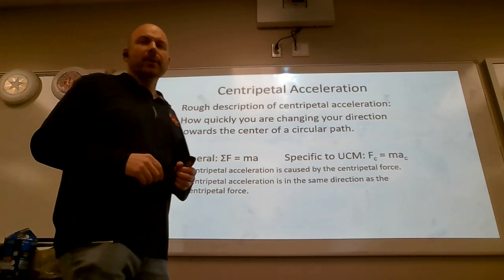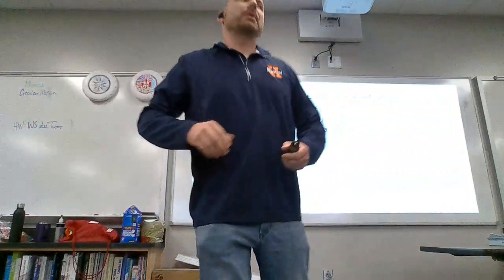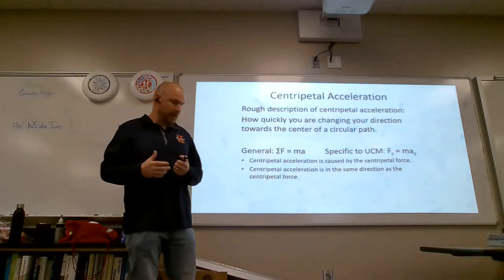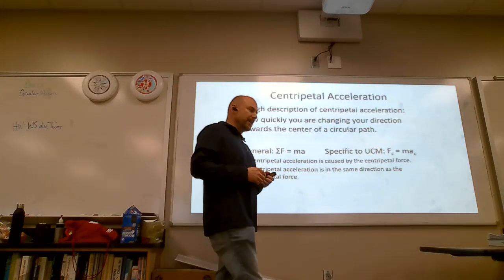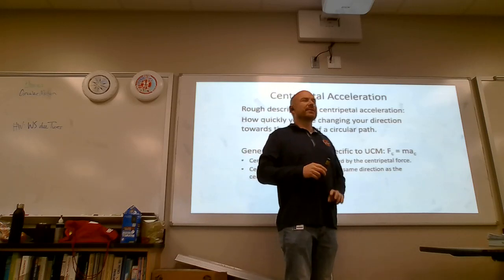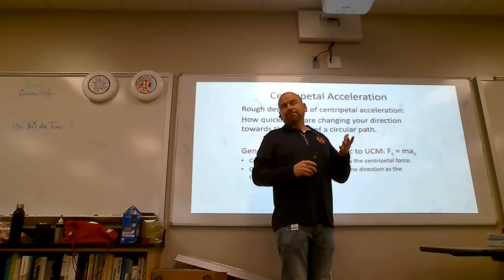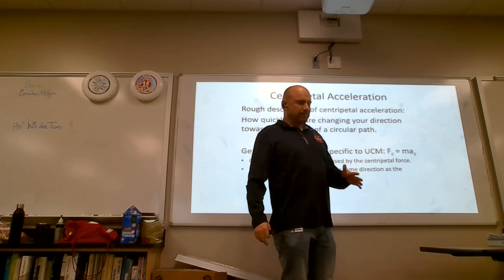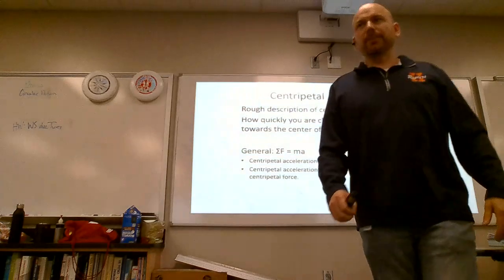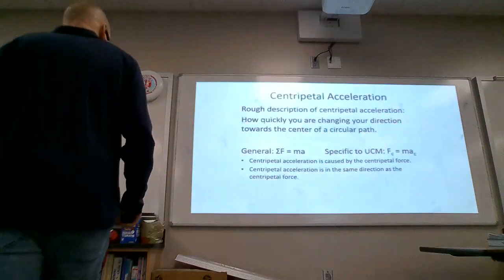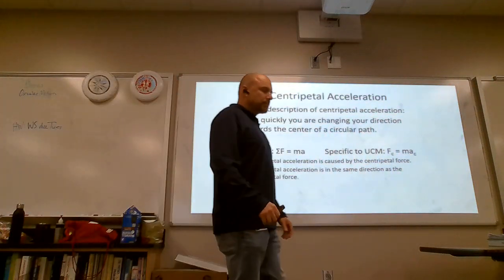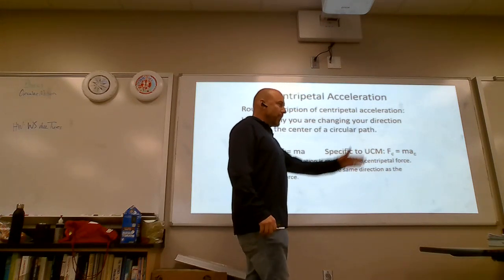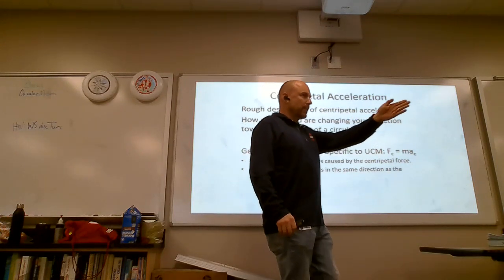Okay, so you saw the math from the pre-quiz. To give you a conceptual understanding of what centripetal acceleration is, this is not a great explanation, it would not hold up in college, but we're just going to go with it. So if I'm going in a circular path, my direction of motion is going this way at this point, this way at this point.